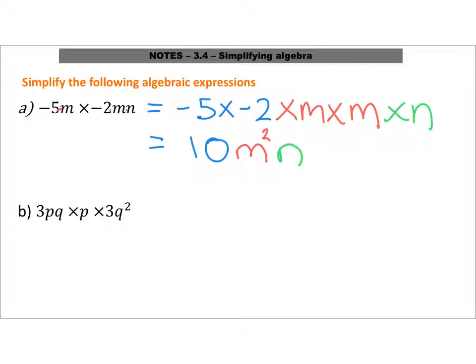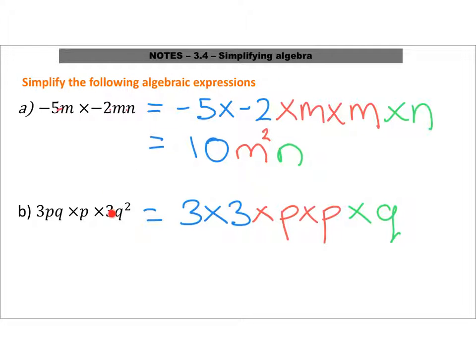So I'm going to do the same for this expression here. Write it out. So I'm going to take account of my numbers first. So I've got 3 times 3, and then I've got p times p times p, and then on the end I've got q.